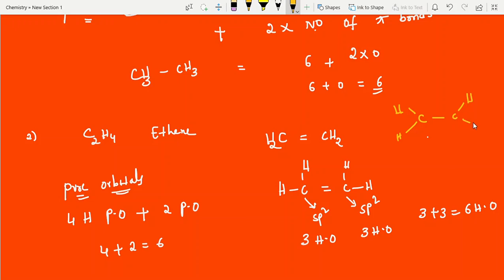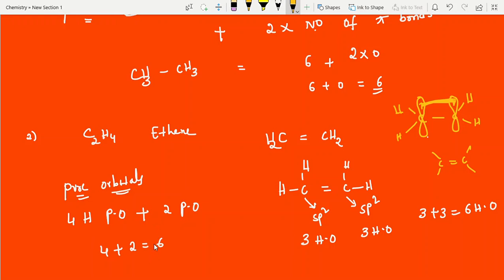Sigma bond, no problem. But one unhybridized p orbital is there. sp3 means all atomic orbitals are involved. But sp2 means one is not involved. That uninvolved one electron is like this. This is sidewise overlapping. Because of sidewise overlapping, you will get a pi bond, like this. Because of this one pi bond formation, how many orbitals are involved? 2 orbitals are involved. That's right, 2. So 4 plus 2, 6.